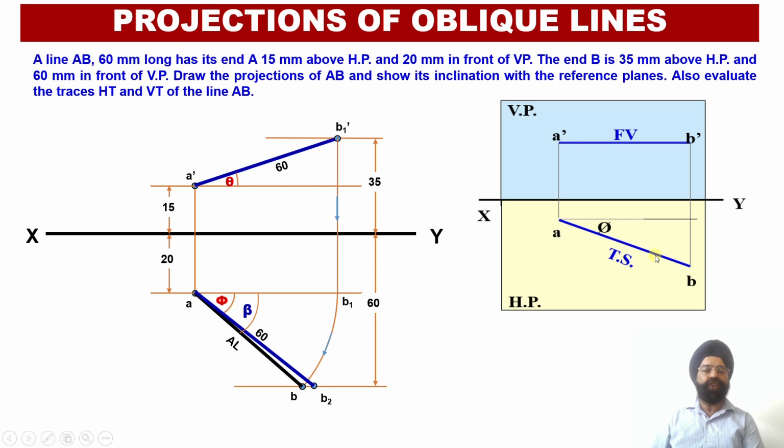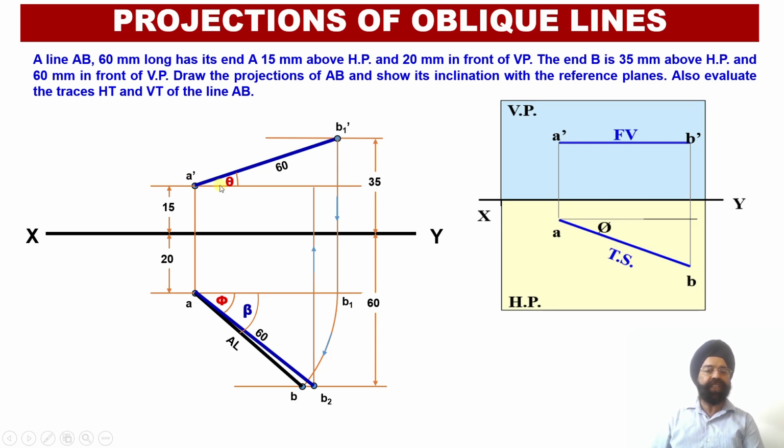So on the horizontal plane in the top view, I am going to obtain the true length of a line. Now since the true length is already available with me, from the second end point of the true length, that is B2, I am going to draw a perpendicular. So now please check this arrow. I am moving from this point B2 up to the horizontal locus line corresponding to point A dash over here.